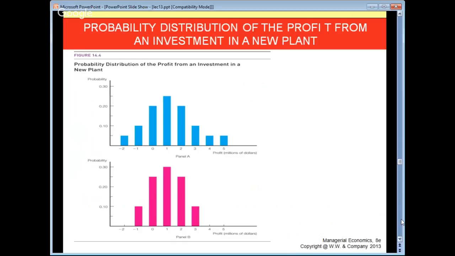Yes, it has more risk. So this one has less risk. Okay. Questions? So basically, the higher the standard deviation in general, the higher the risk for a project. And same thing with variance, since variance is simply the square of the standard deviation.